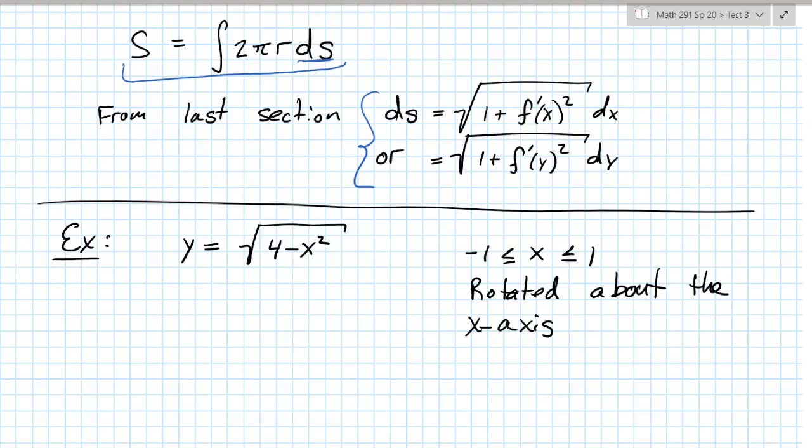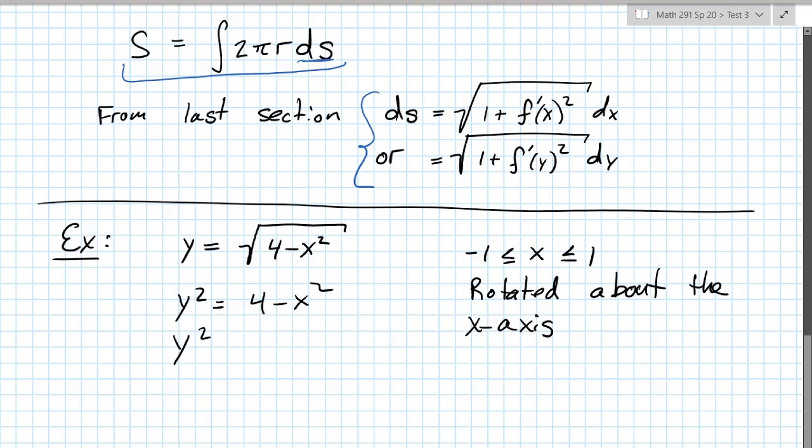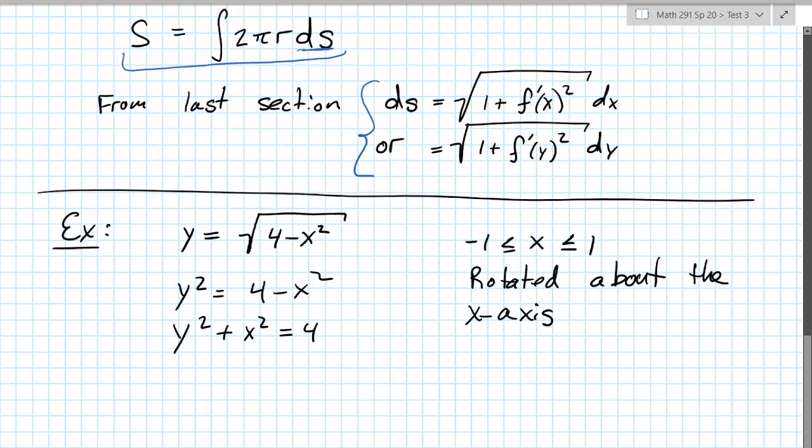Our example problem is y equals the square root of 4 minus x squared from -1 to 1 rotated about the x-axis. If we were to square both sides, we would see that this is just a circle with radius 2.